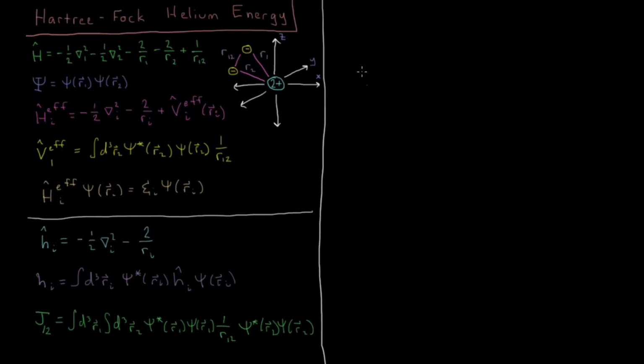Okay, so if we want to calculate what the orbital energies are, what the energy of a given electron orbital is going to be, we're going to have the integral over the entire domain of its wave function, the 3 spatial dimensions of that orbital, times the complex conjugate of that orbital, psi star, times your effective Hamiltonian operator for that electron. It's the mean field and its 1 electron terms.